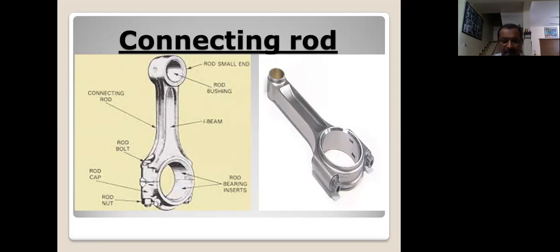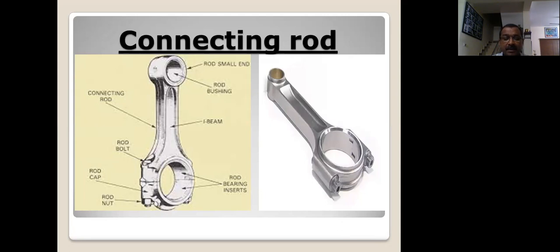The main body portions are called the journal, and the protruded portions are called the web. To the web portion, we will connect this by putting the upper portion and screwing with nut and bolt, connecting it to the crankshaft.